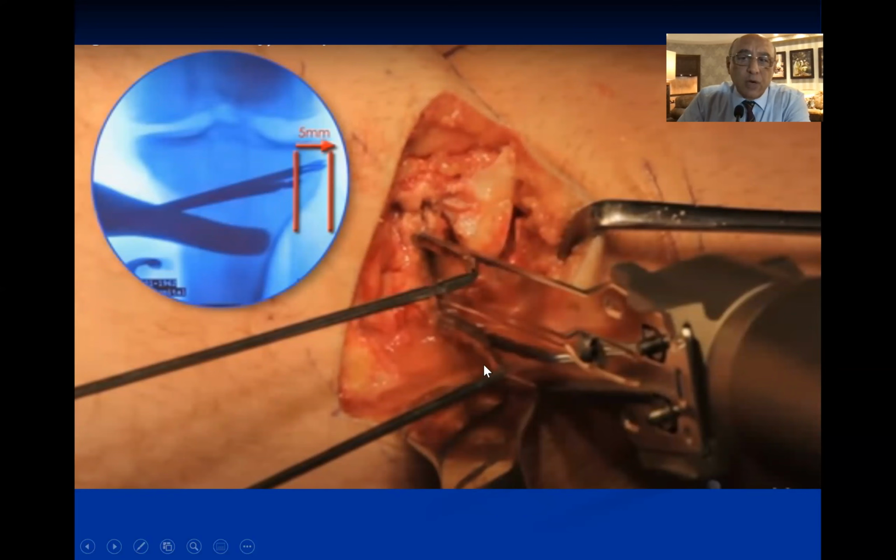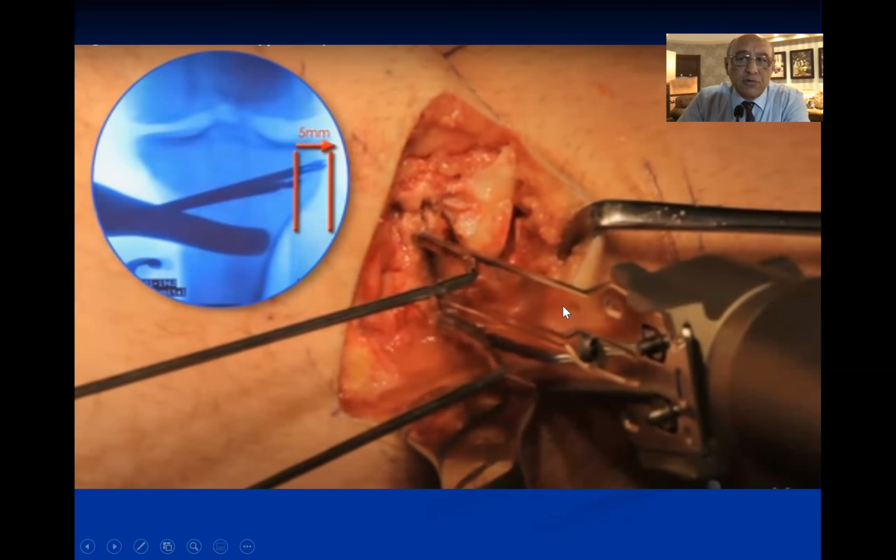Then you put 2 K wires just above the planned level of osteotomy and aiming to the top of the fibula. These 2 wires are the guide for the saw blade, and they support the medial part of the tibia, preventing inadvertent fracture propagation.